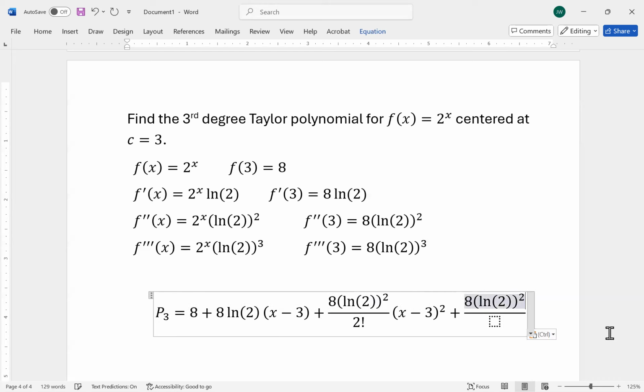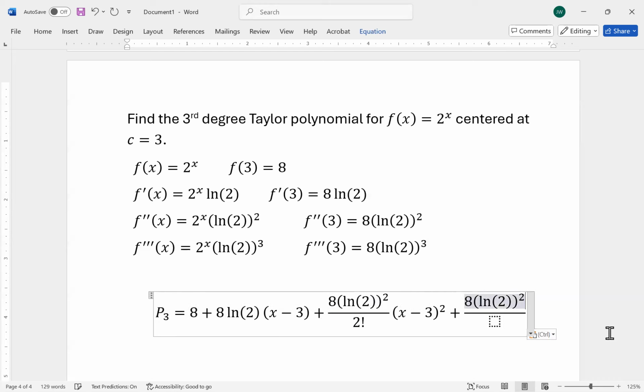Plus, now we're going to have a fraction of -1 over 2 factorial times x minus 1 to the second power. That -1 came from the second derivative when I plug in 1 was -1. So that's where I get the numerator there.